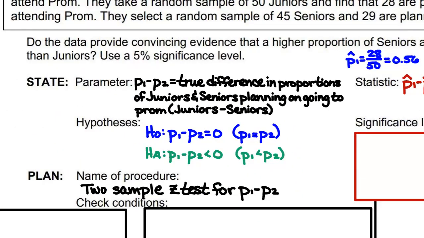You do not have to include this part, but sometimes it's a little easier to figure out your direction and what that would mean about these 2 populations. So if the proportions are the same, then their difference is 0. If there are fewer juniors than seniors, then it's going to come out to be a negative, less than 0.